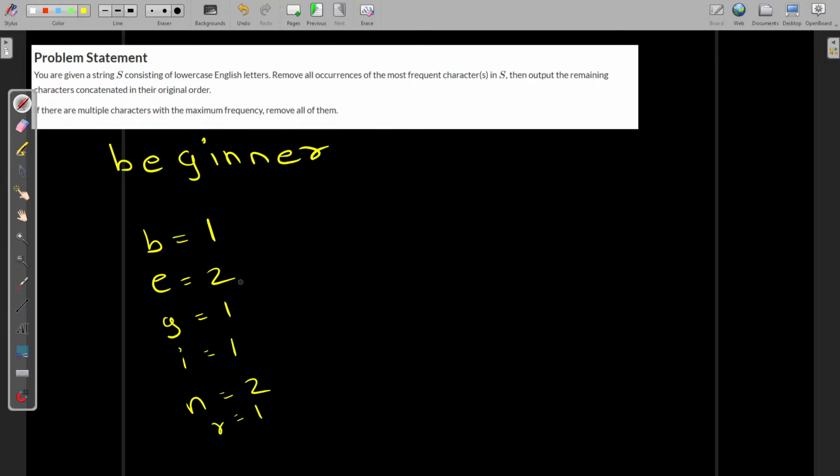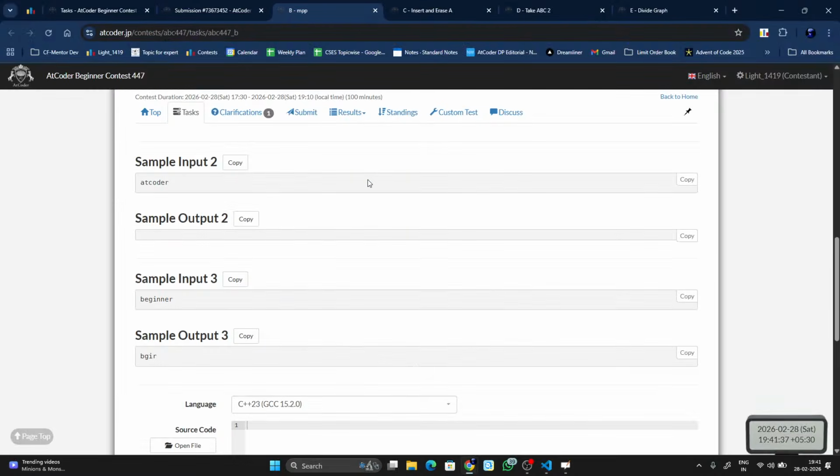So in this example there are two characters with maximum frequency which is 2. So what we have to do is remove all occurrences of E and N from the given string. I will remove this E, this N, and this E. Then we will be left with B, G, I, R. Is that our answer?